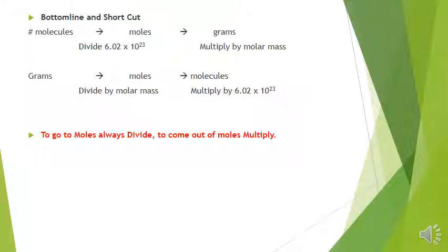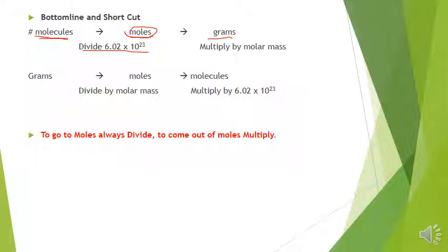Whenever you go from molecules to moles to grams, when you want to go from molecules to moles, you divide by 6.02 times 10 to the 23rd. Then, to get to grams, you multiply whatever number you get here by the molar mass. We did that for the last problem.